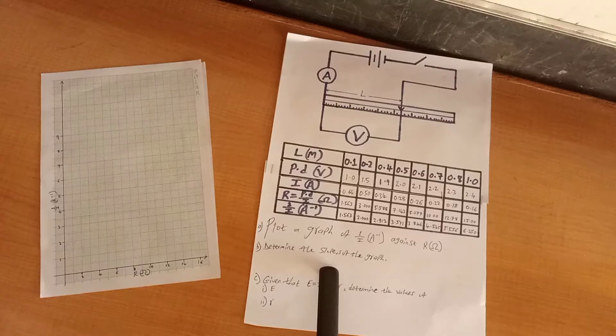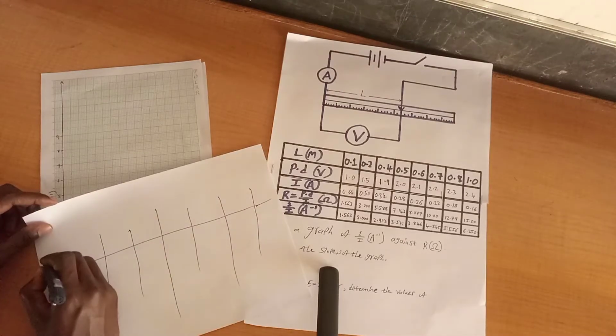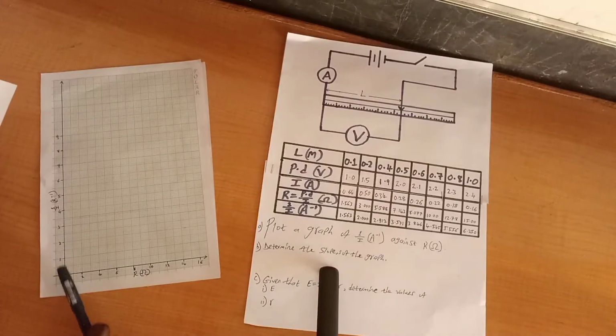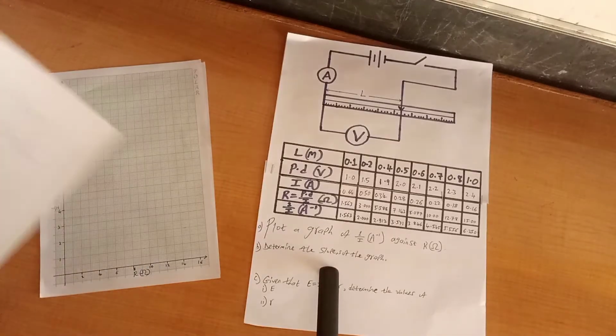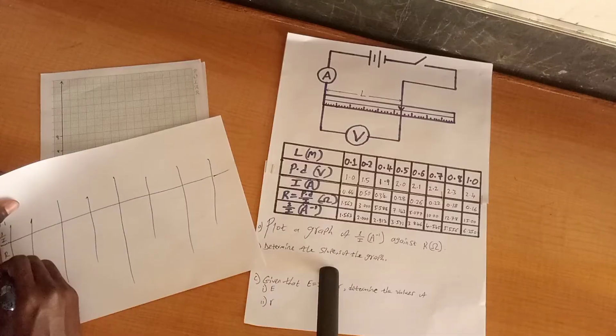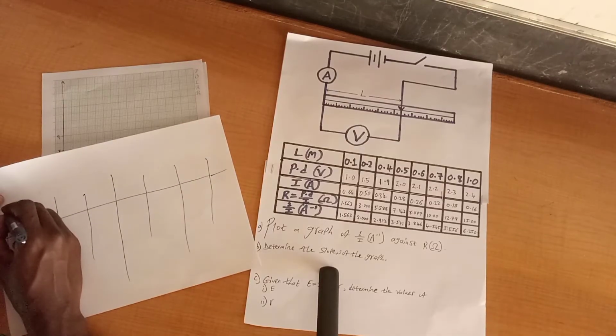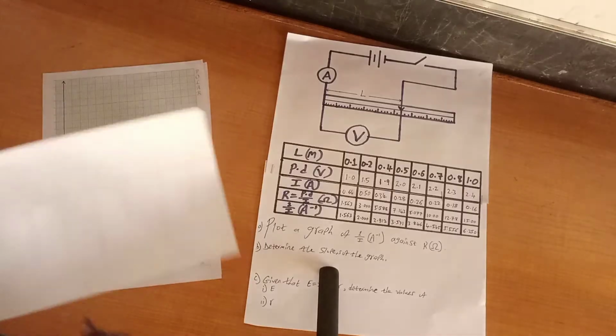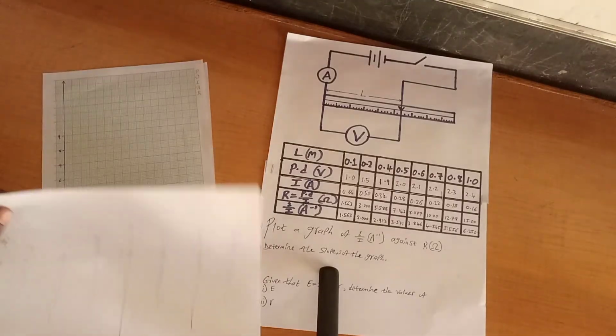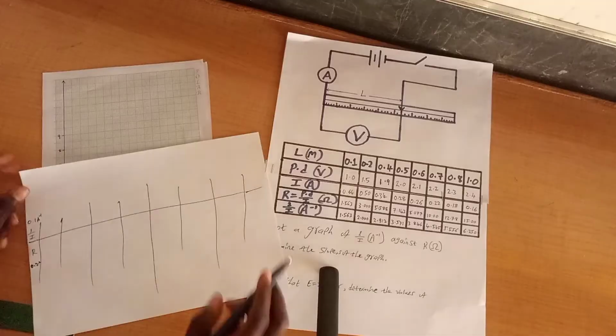For the reciprocal of current, our accuracy is 0.1 because we have 10 divisions for 1, but for the resistance, our accuracy is 0.2. This is per ampere, this is ohm, because you have 10 divisions for 2.